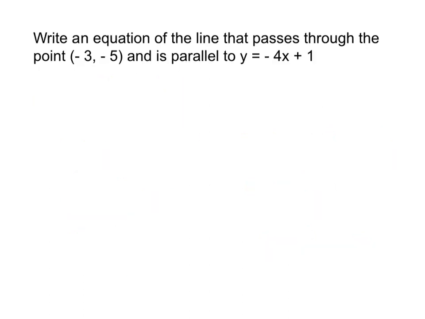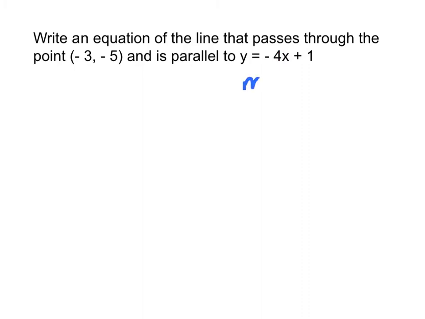I'm being asked to write an equation of a line that passes through the point (-3, -5) and is parallel to the line y is equal to -4x plus 1. I know that parallel lines have slopes that are the same. They have the same rise over run, and so I know that my parallel line will also have a slope that's equal to -4.